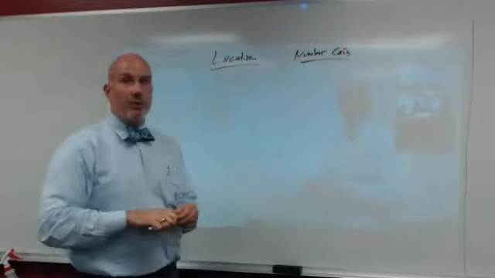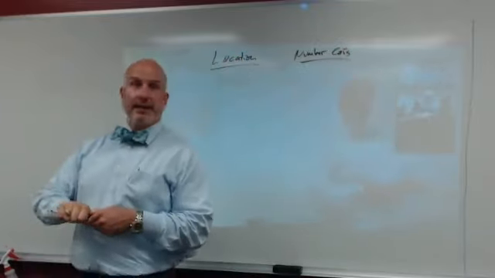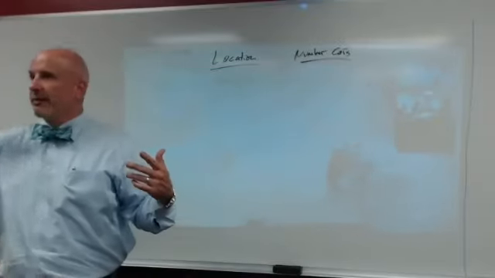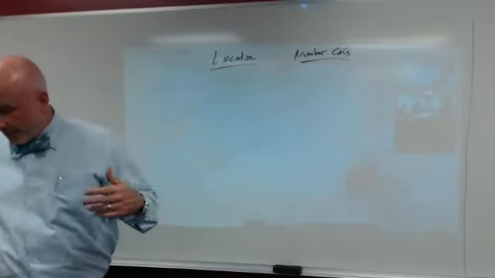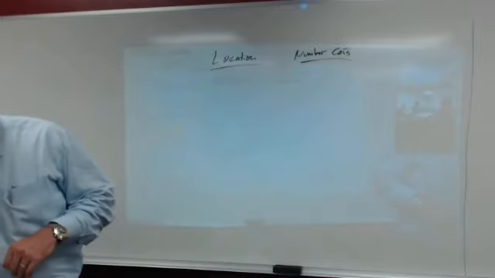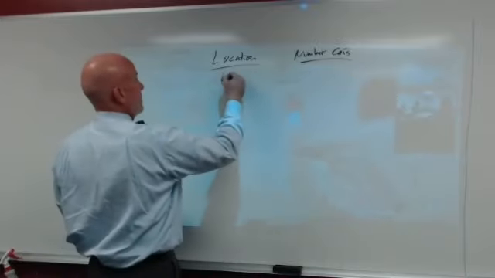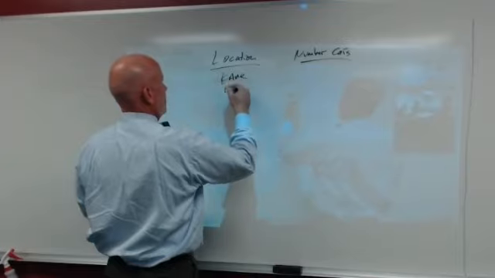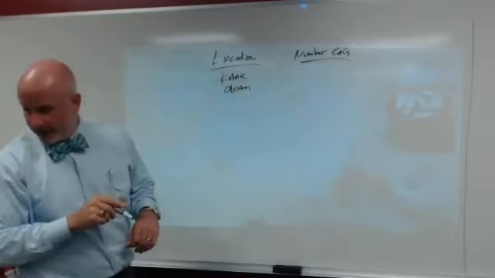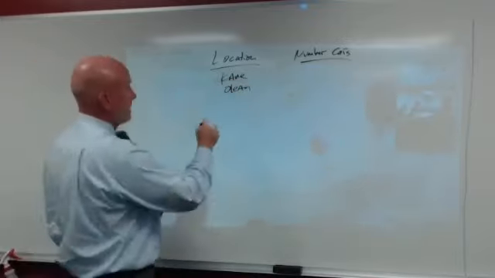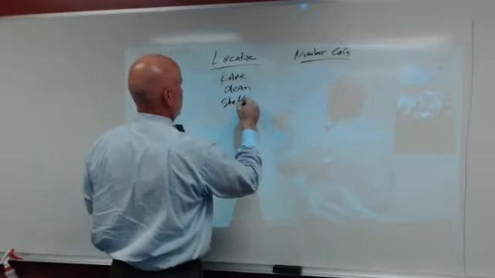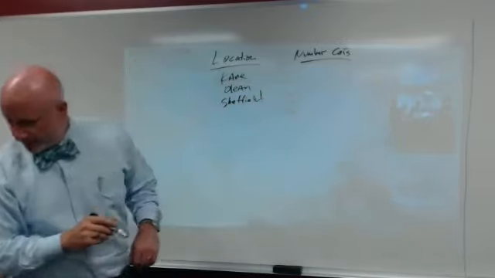Applewood, this auto group, is one of your data sets too that you'll be able to use in your final. They operate 4 locations: in Kane, in Olean, in Sheffield. And what's the 4th location?